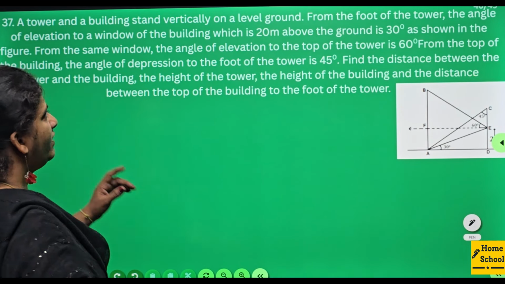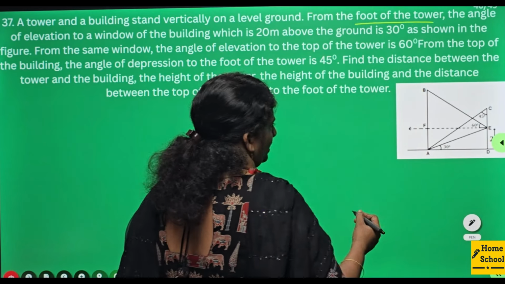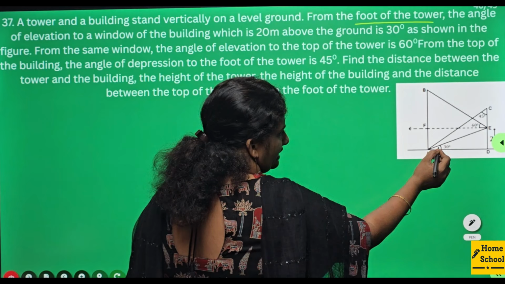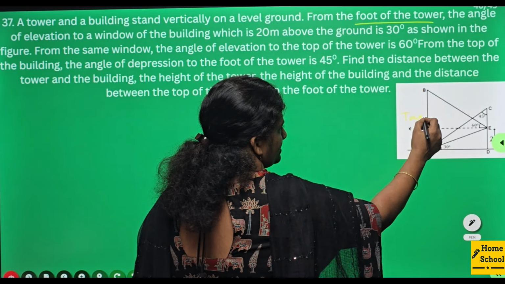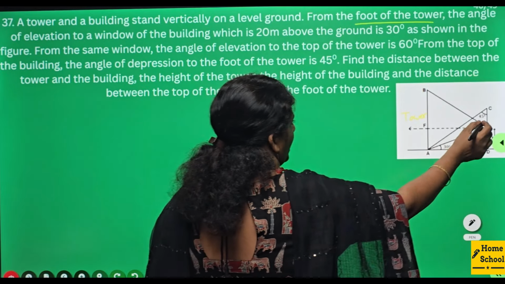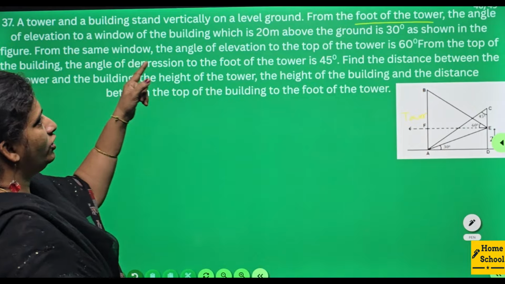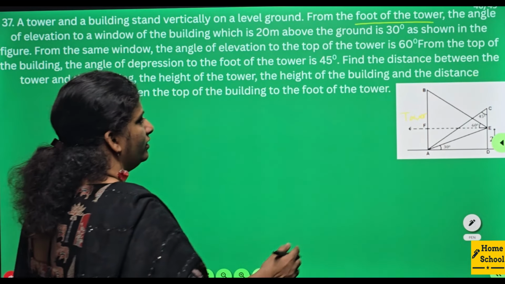From where is the elevation? From the foot of the tower. See here you can see the foot of the tower, elevation 30 degree here. That means this AB is the tower. And this is DE, elevation to a window of a building which is 20 meter above the ground.